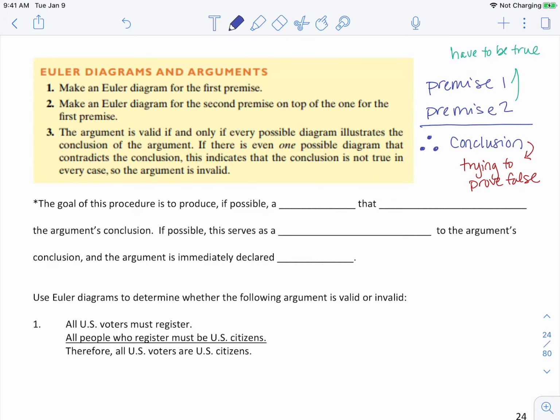So the goal of this procedure is to produce, if possible, a diagram that does not illustrate the argument's conclusion. If possible, this serves as a counterexample to the argument's conclusion, and the argument is immediately declared invalid.